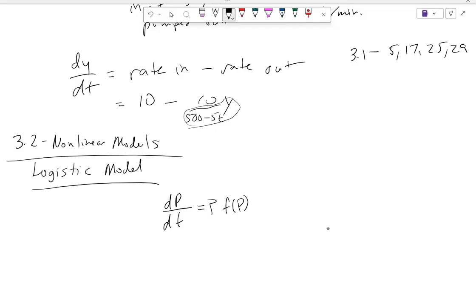If you've got some sort of a carrying capacity to it, and they list this in the section as well, what this ends up looking like is that you'll have some linear function of p. If it gets too big, it starts to make it curve down. So you get this quadratic piece on the right-hand side if you get too much. And that's where the logistic model comes from.